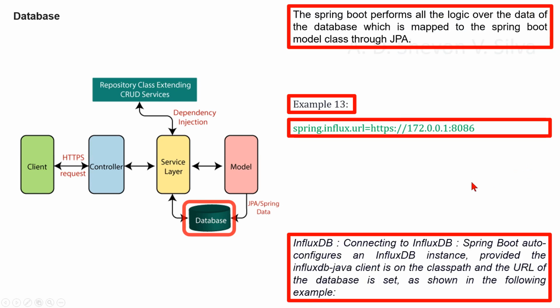Now we are considering connecting to InfluxDB. Spring Boot auto-configures an InfluxDB instance, provided the InfluxDB Java client is on the classpath and the URL of the database is set as shown here.